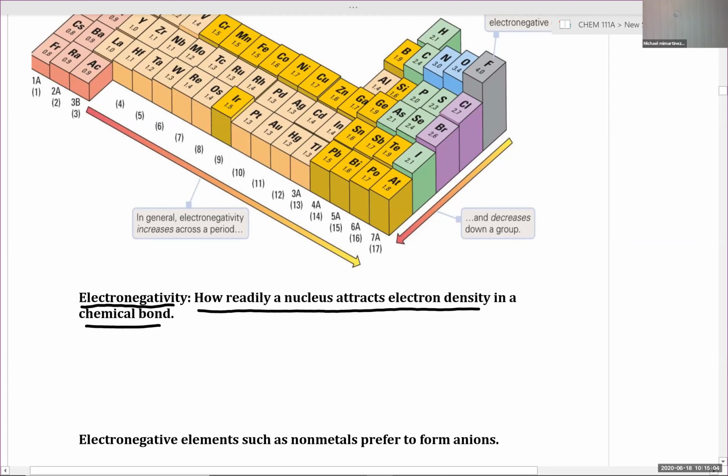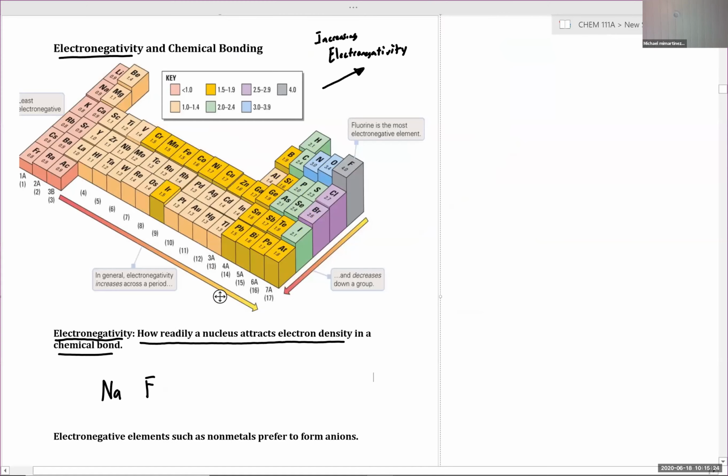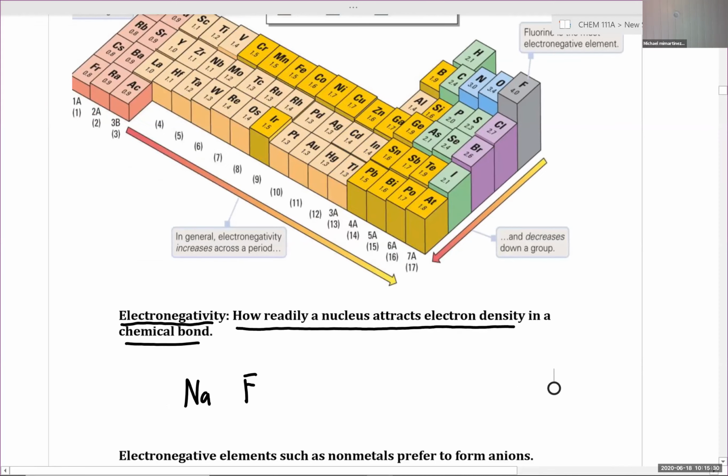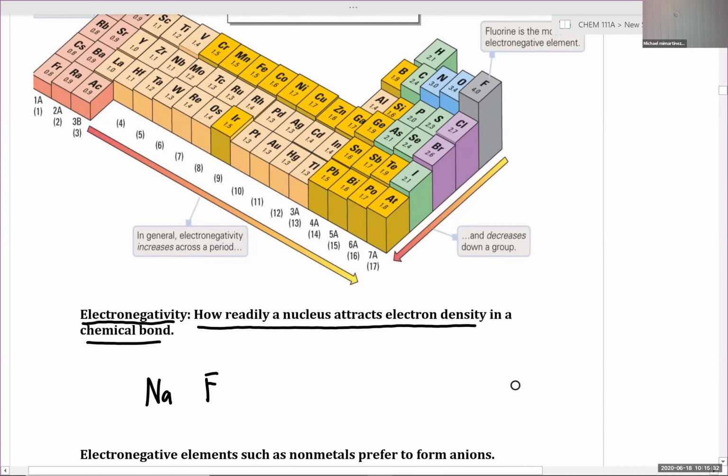So, for example, if we have something like sodium fluoride, sodium is not very electronegative, as we can see by its value of about 0.9. While fluorine is very electronegative.